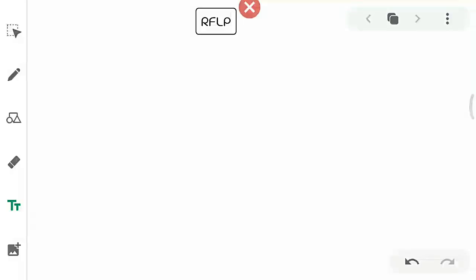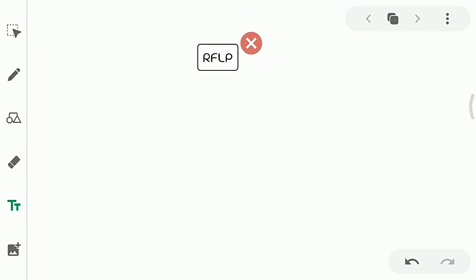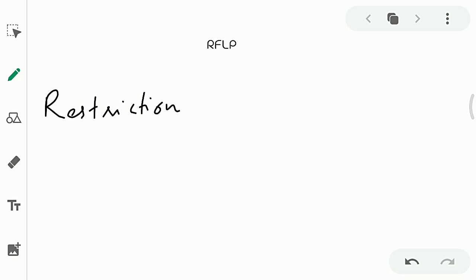Okay, our next topic is restriction fragment length polymorphism. So far we have discussed restriction enzymes, and restriction enzymes, as you all know, are enzymes which digest the foreign DNA that is coming inside a bacteria.